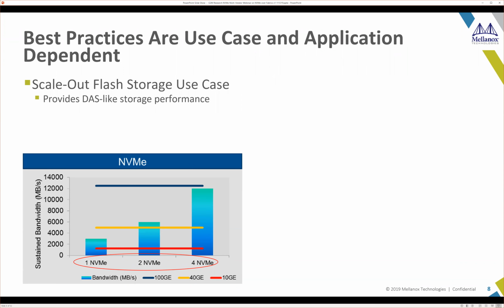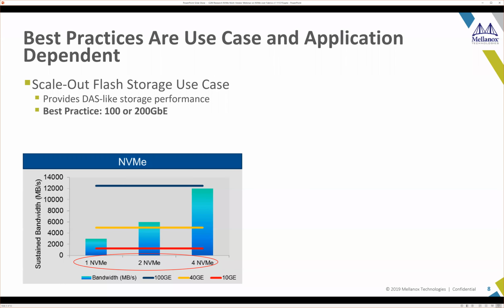If we look at DAS performance on bandwidth of NVMe SSDs and compare it to Ethernet speeds, we can see right away that to achieve DAS-like performance, we need at least 25 gigabits. And if we want more than one SSD, then we need 50 gig or greater.